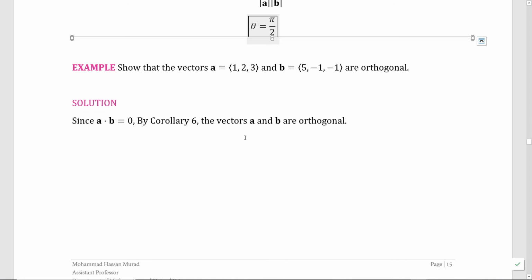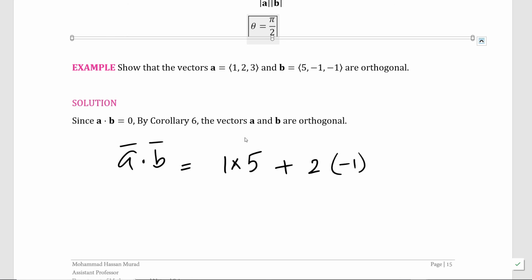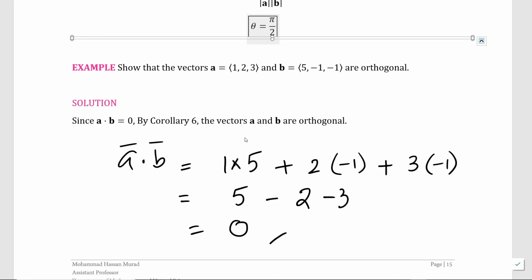So the dot product of A with B is simply 1 times 5 plus 2 times -1 plus 3 times -1, which is equal to 5 minus 2 minus 3, equal to 0. We are done.